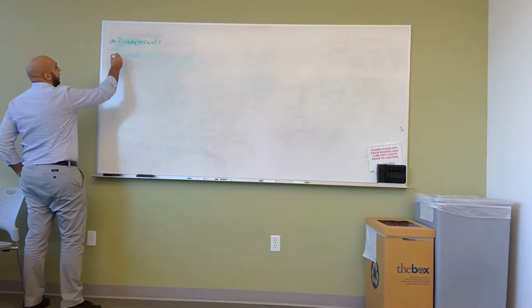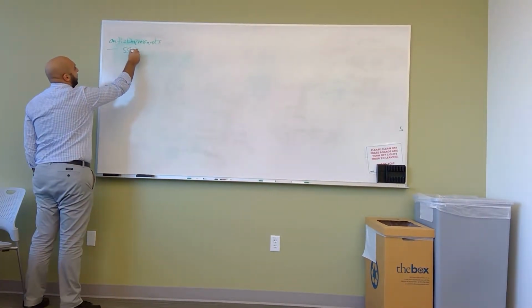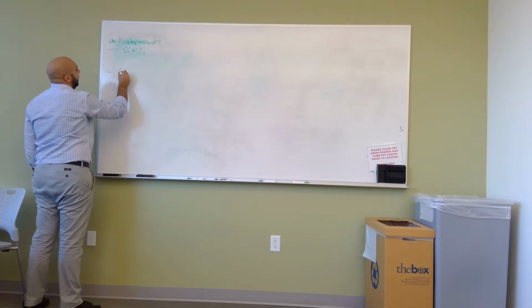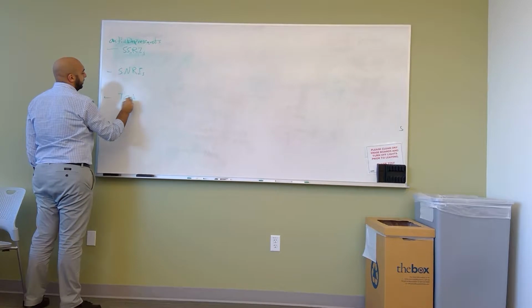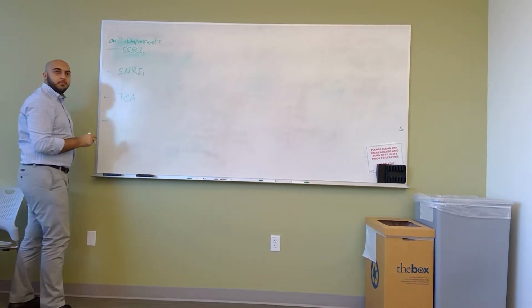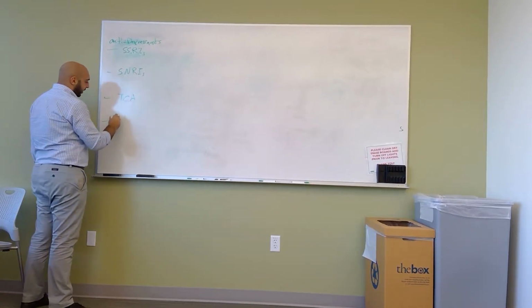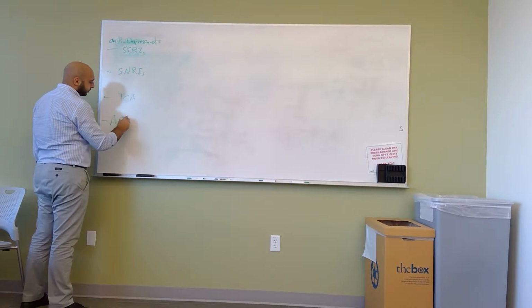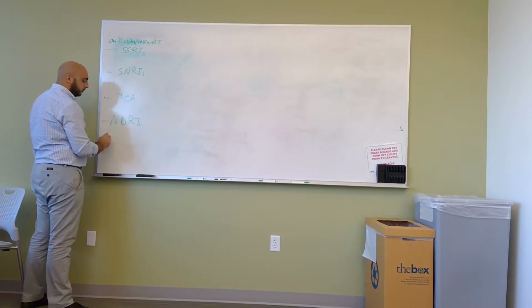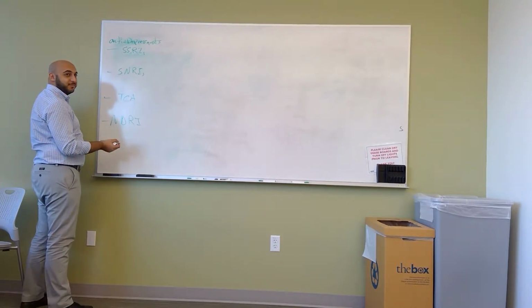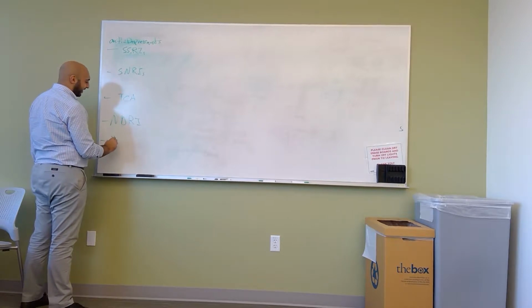So we're going to explore so many classes here. We have SSRIs, SNRIs, TCAs, and NDRI or NRI. I would say AOI. Oh, yeah, I've never heard of that one. This is bupropion. Oh, okay.